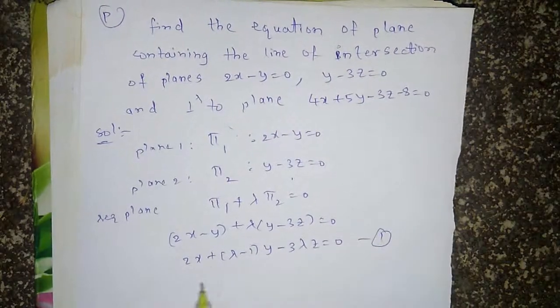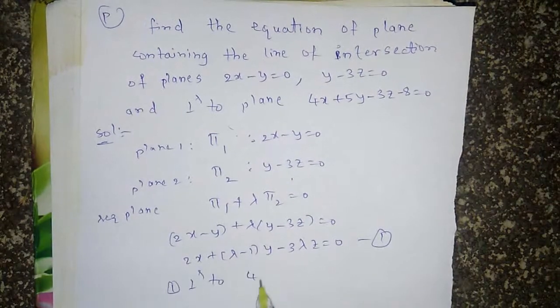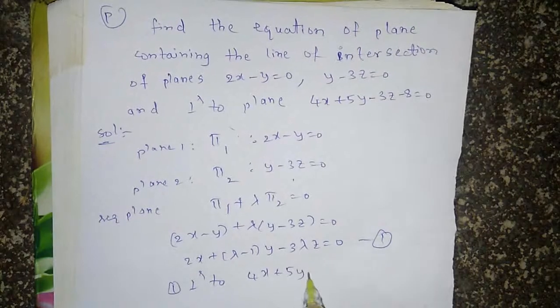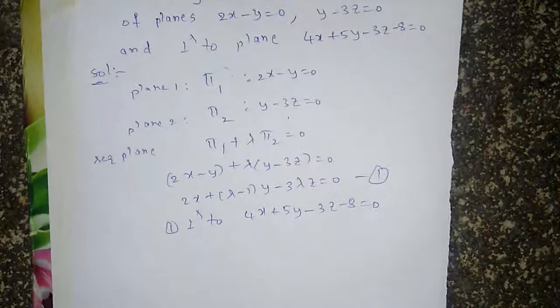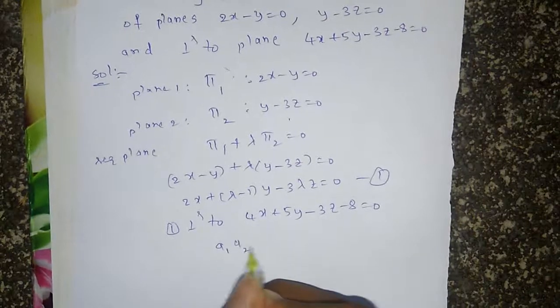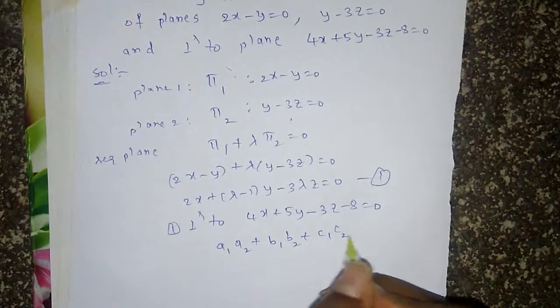Let this be 1, and 1 is perpendicular to the plane 4x plus 5y minus 3z minus 8 is equal to 0. If two planes are perpendicular, we already know the condition a1 a2 plus b1 b2 plus c1 c2 is equal to 0.